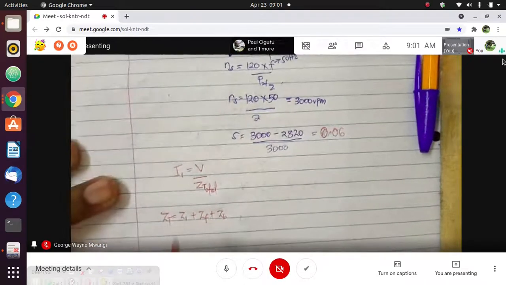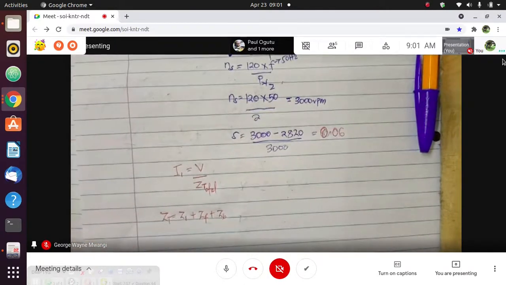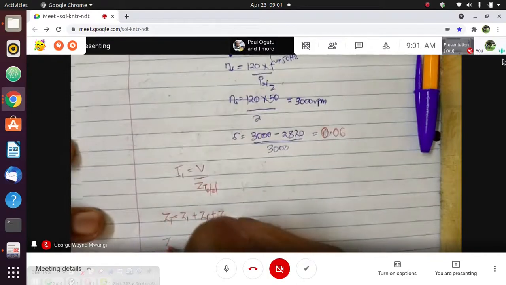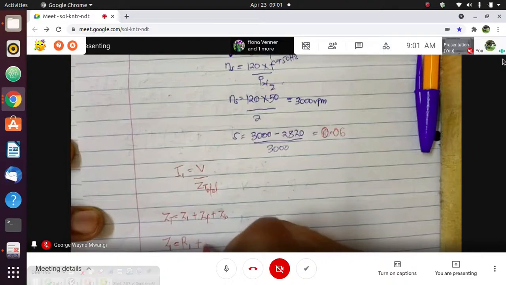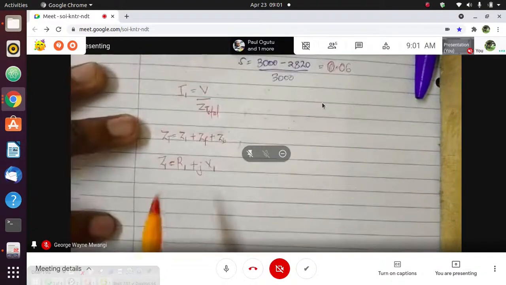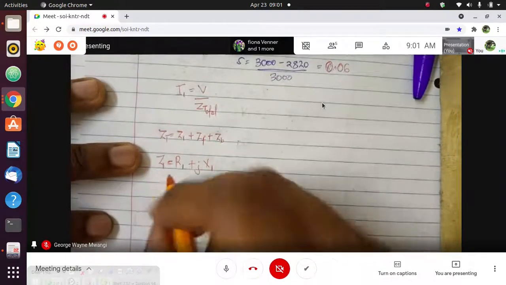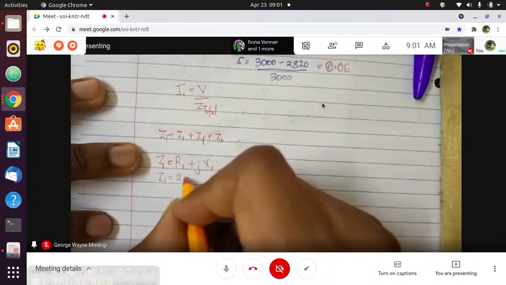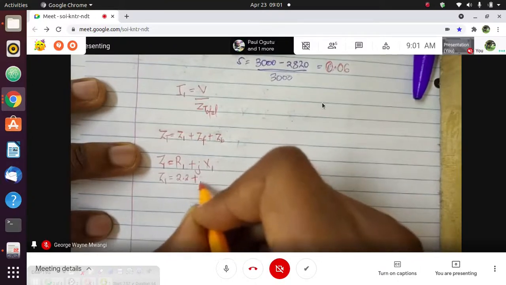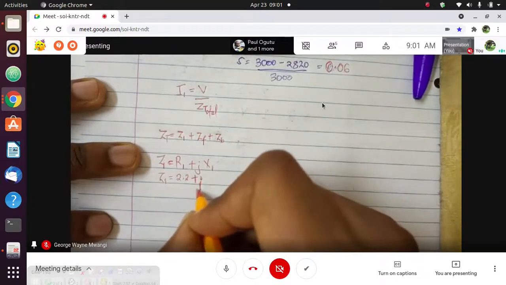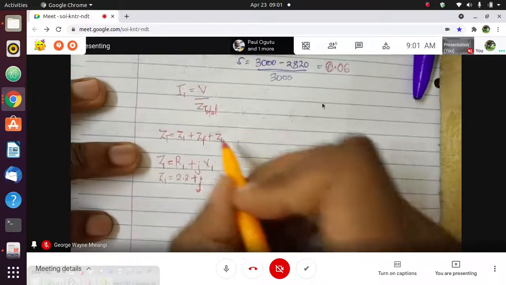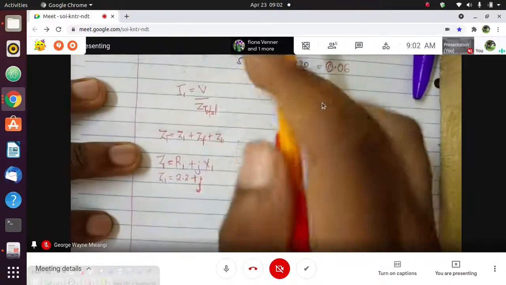Now the impedance due to the stator, Z1, will be equal to R1 plus jX1. The value of R1 is 2.2 ohms, plus j, always include that j to indicate that this is a complex number, and X1 is 3 ohms.